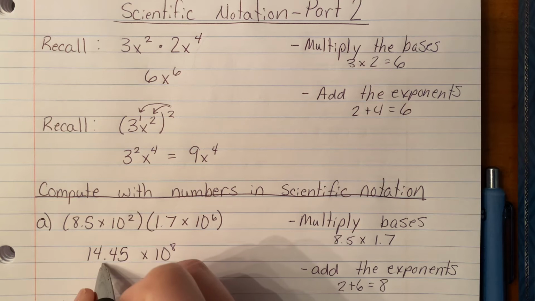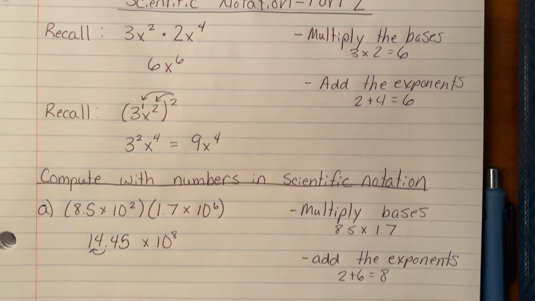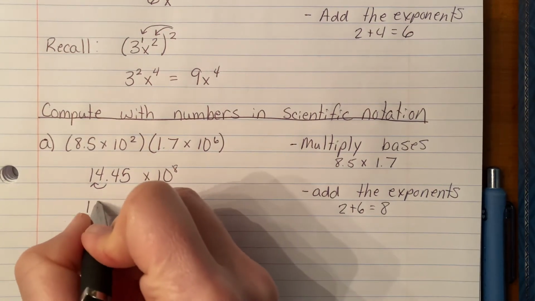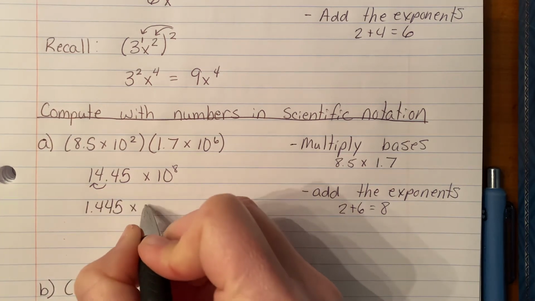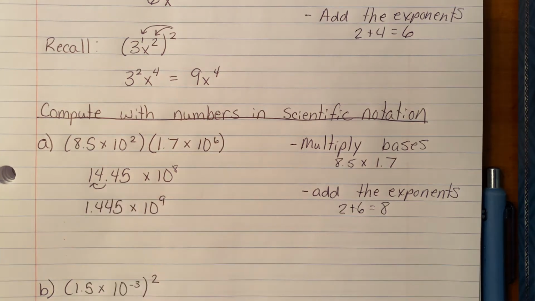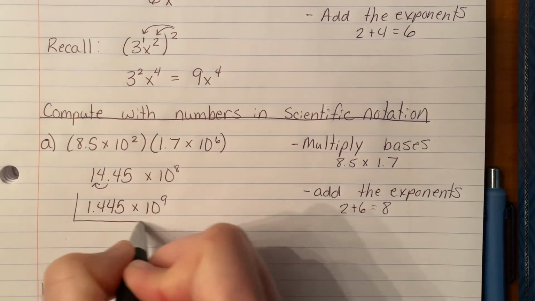So we have to move the decimal place 1 time, and we're moving it to the left. When we move it to the left, that's a positive direction. So we're going to end up with 1.445 times 10 to the 9, because we went 1 positive direction. So that means we had to add 8 plus 1. That's how we got 9, so this is our answer.